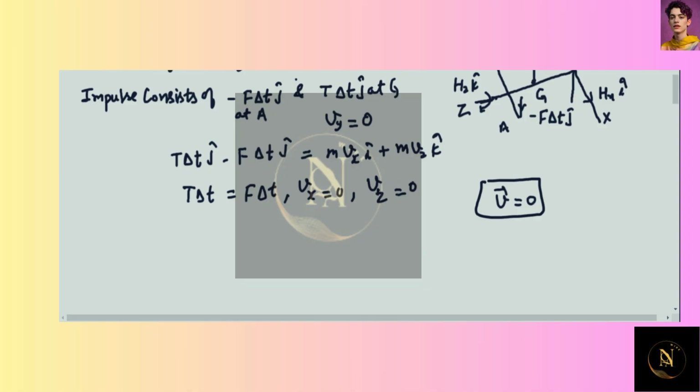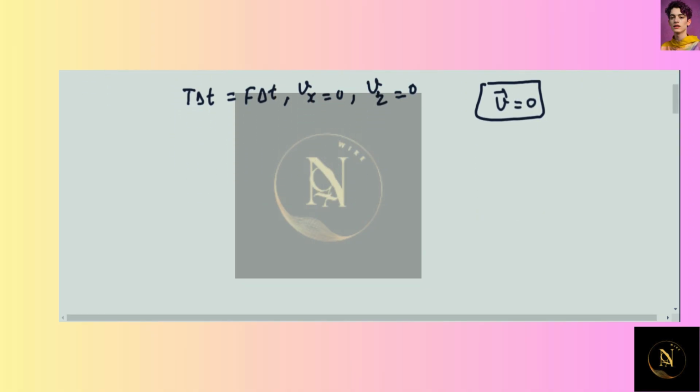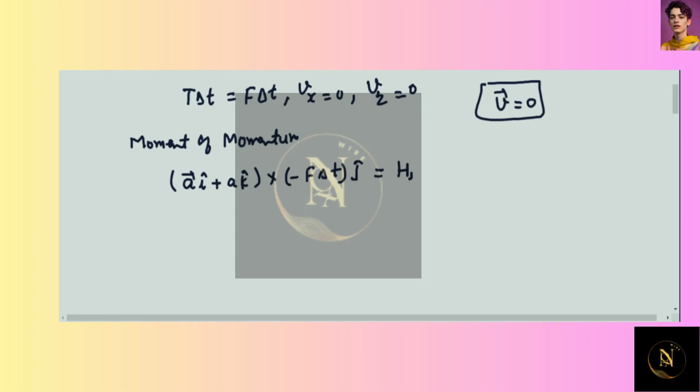Moment of momentum: Ai cap plus Ak cap cross minus F delta T J cap, angular momentum along x-axis, y-axis and z-axis.